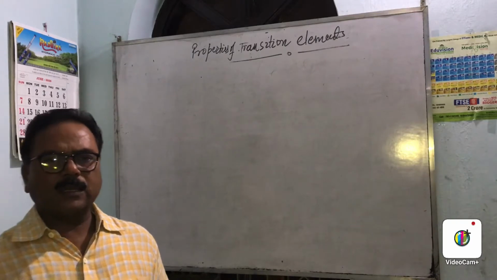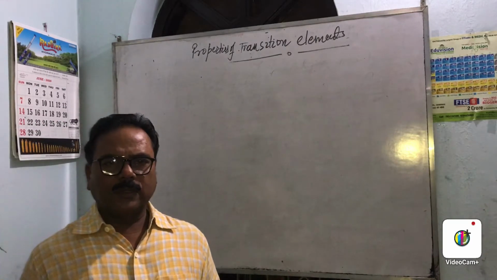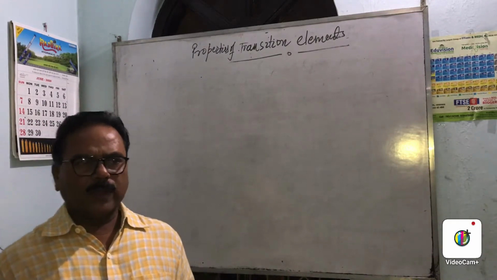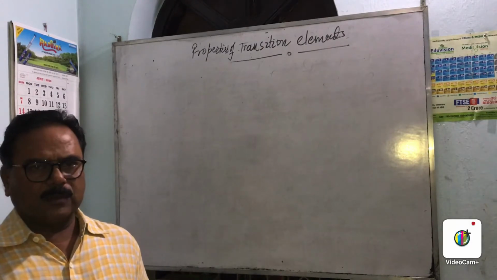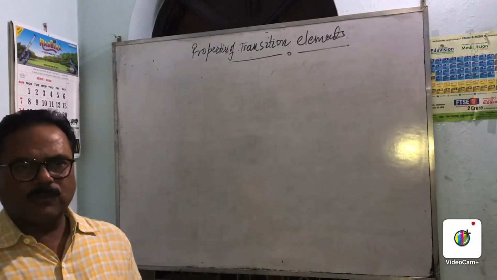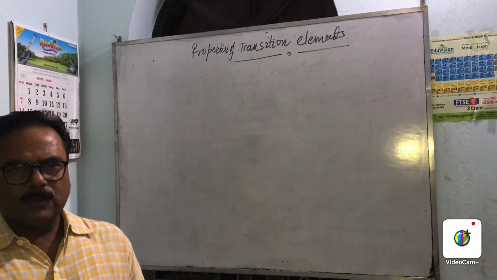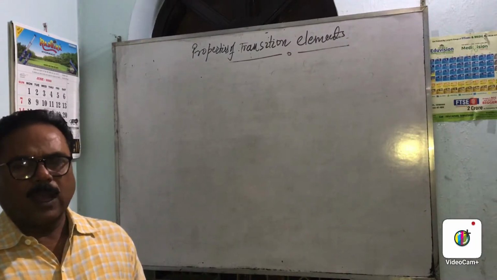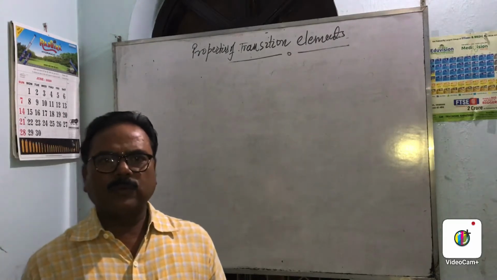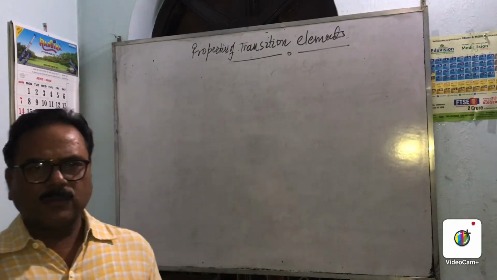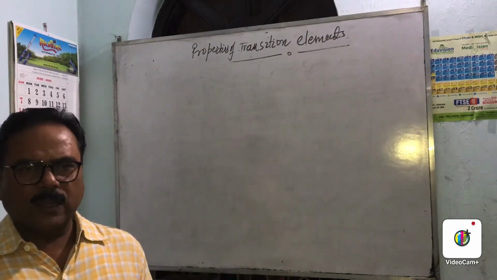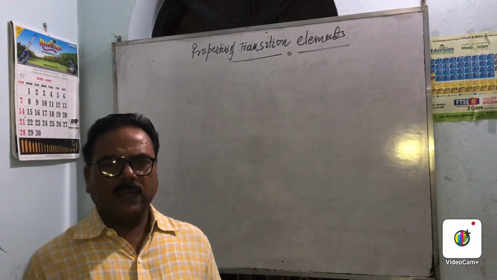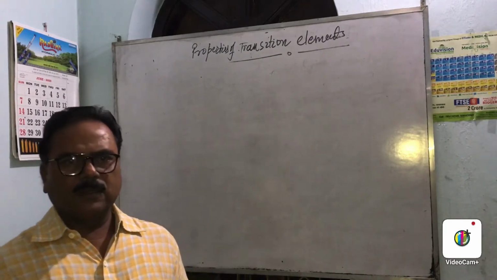As a general concept, the radius of atoms in the periodic table decreases from left to right, and in a group the radius increases, and we have already seen the cases.